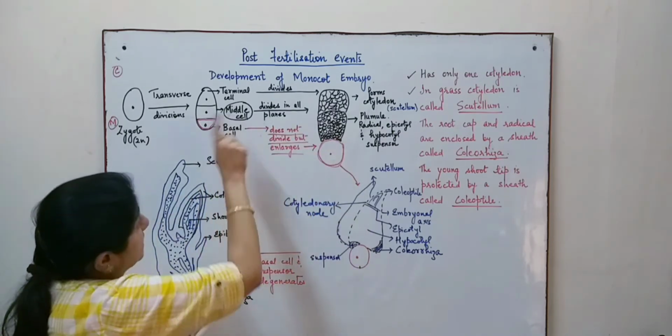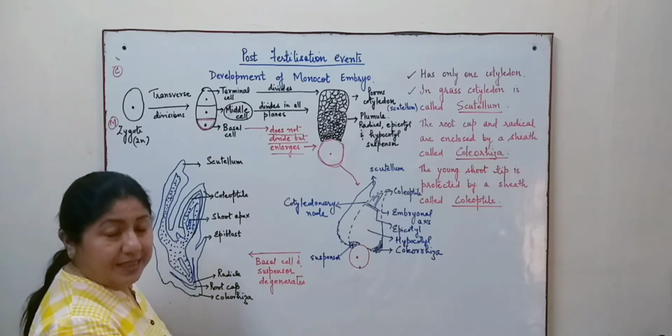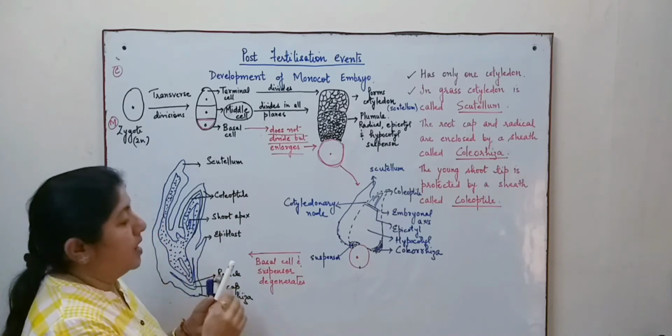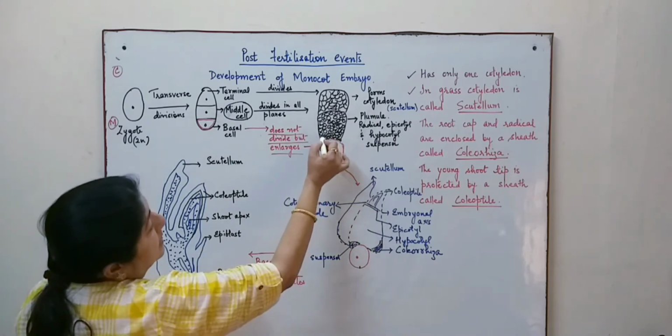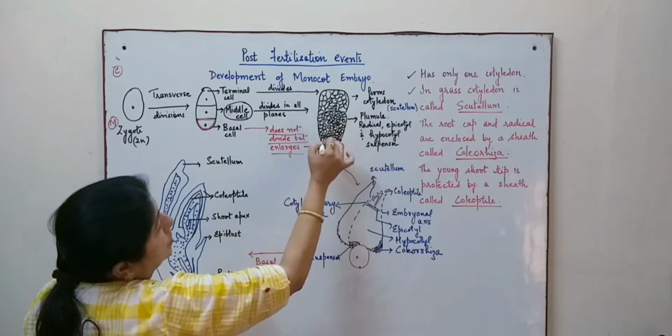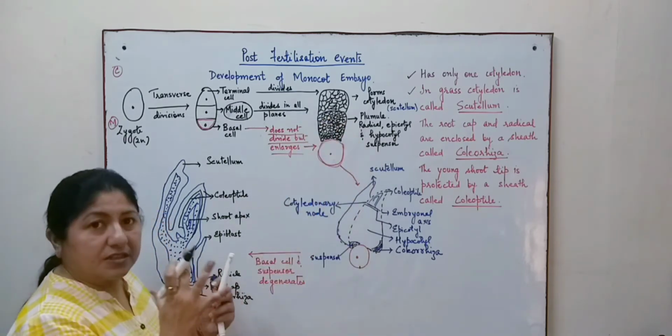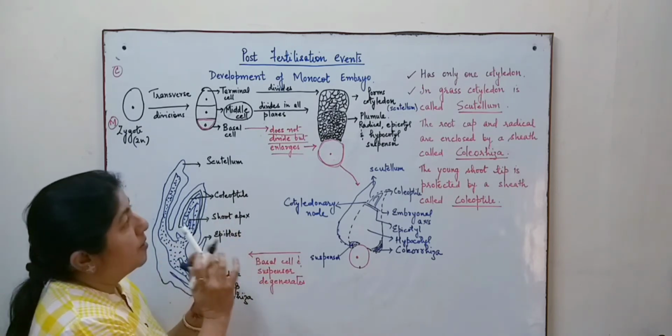The middle cell will divide in all the planes, and as a result, it will form a mass-like structure. Here we see the middle cell dividing and forming a mass-like structure. When we see it from one side, it appears to be a mass.